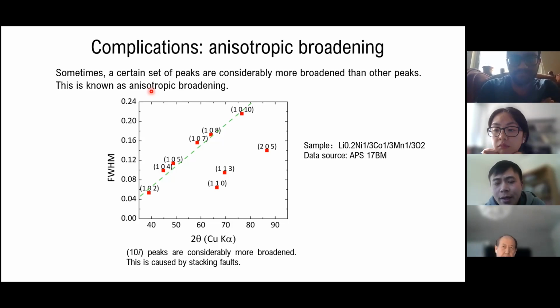Yeah, it could be. In this case, it's actually the 10L broadening, right? You see all the 10L peaks are more broadened than the other peaks, and the people reached the conclusion that it is contributed by stacking faults because by using some software you can simulate how the stacking faults would influence your X-ray diffraction pattern.